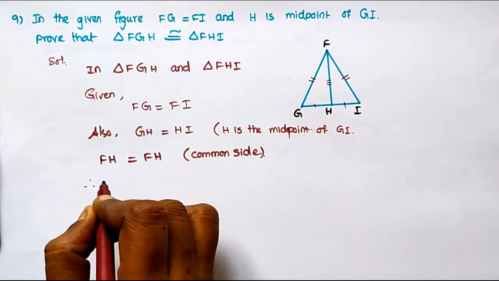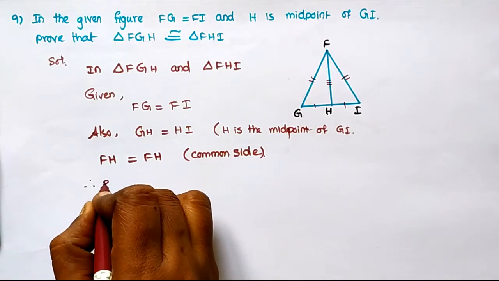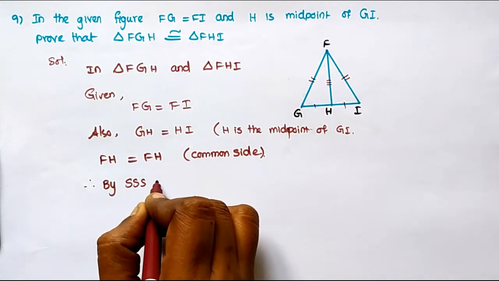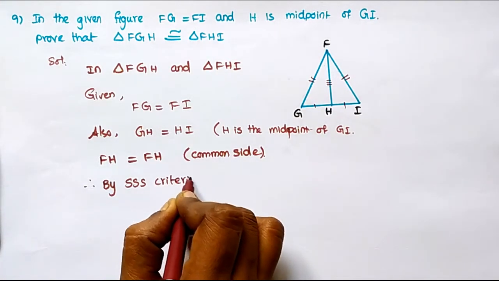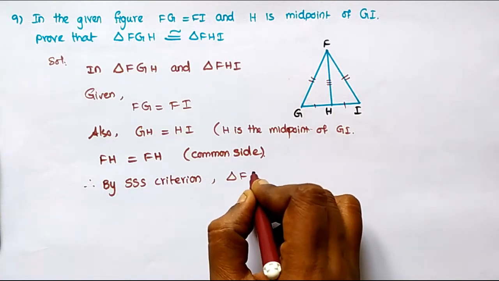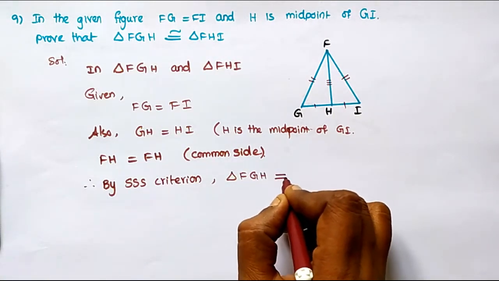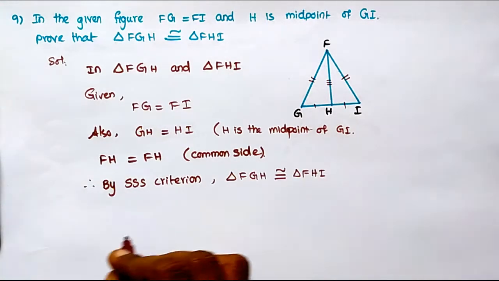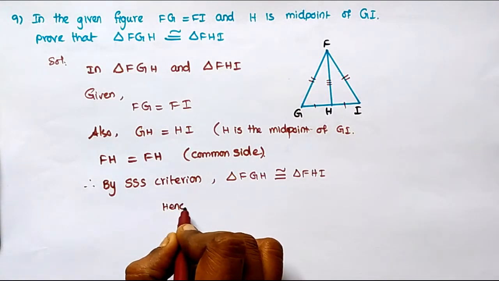Therefore, three sides are equal. So by SSS criterion, triangle FGH is congruent to FHI, hence proved.